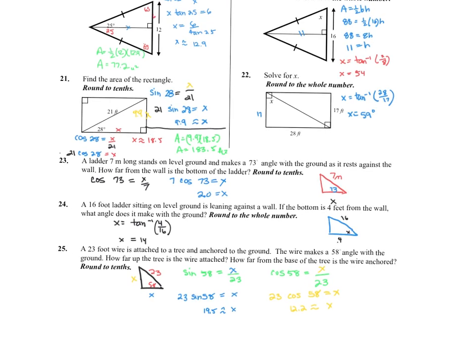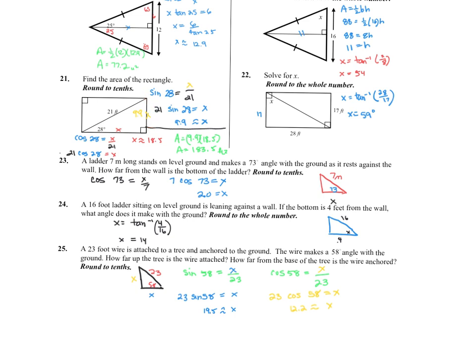Okay, number 21. We were told that we had a rectangle, and so if I look here at this 28 degrees, I would know that if I want to find the area, I need to know the base times the height.